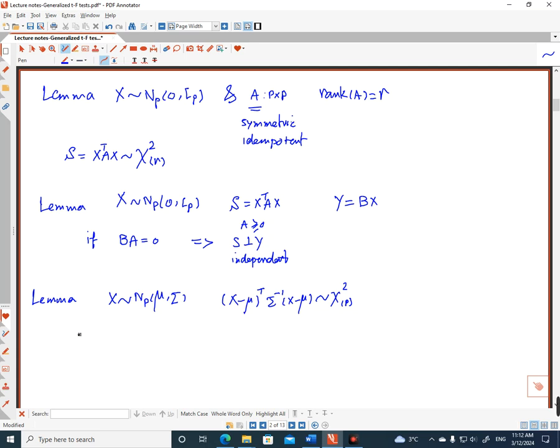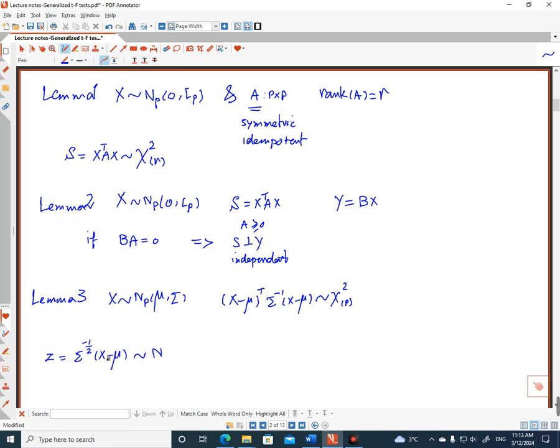According to lemma 1 and lemma 3, we can define a z vector as sigma to the minus half times x minus mu. And simply we see that the term that I've defined here, I can write as z prime z. But before that, consider the distribution of z. It is a linear transformation of x, and x has a normal distribution, so z has a normal distribution.